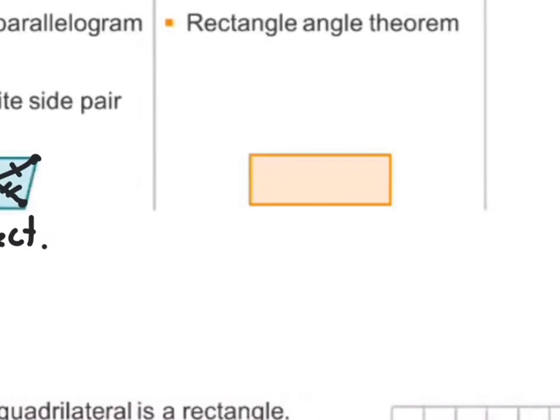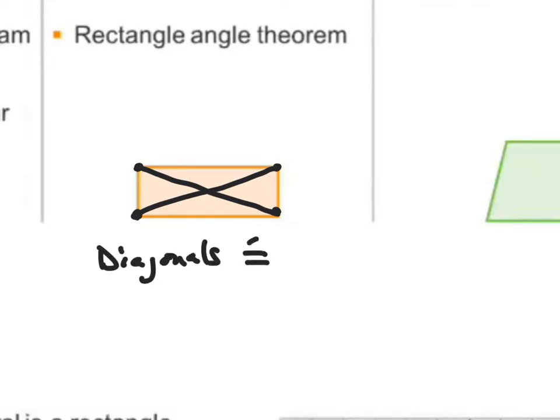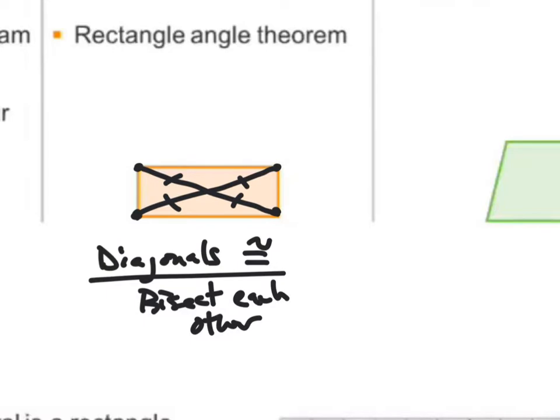Over here, I've got these two diagonals. In a rectangle, the diagonals are congruent, and they bisect each other. So I know that these are congruent, and that's it. The diagonals themselves are congruent and they bisect each other, meaning they cut each other in half.